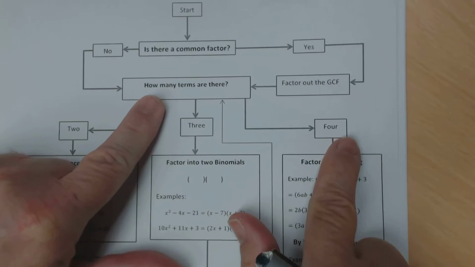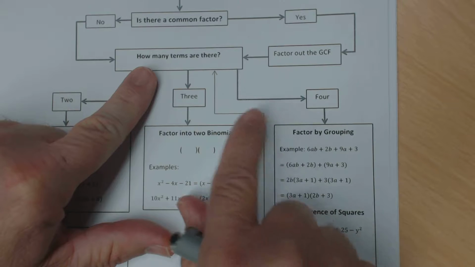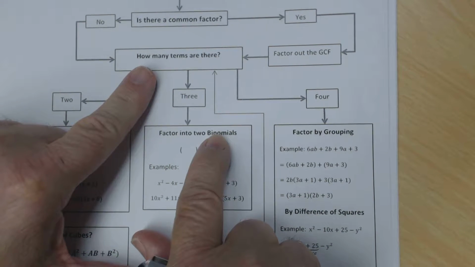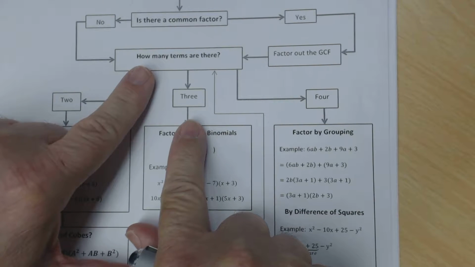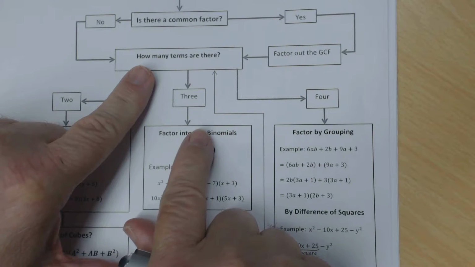So if there are 4 terms, we try factoring by grouping. All right. If there are 3 terms, we factor them into 2 binomials. And you could do this by using the AC method, where we actually wrote it in 4 terms, or you can use trial and error.